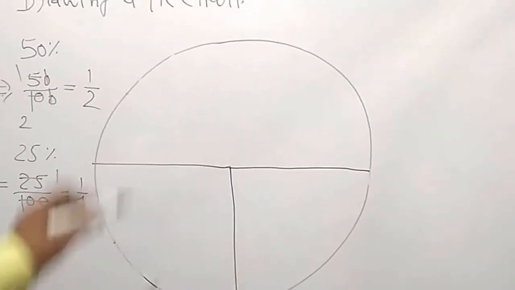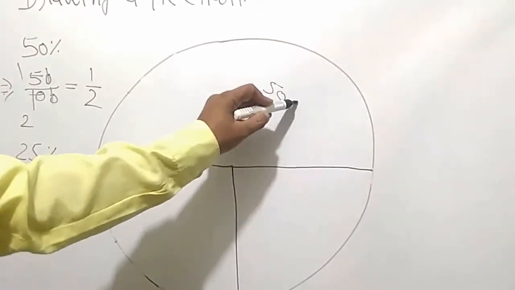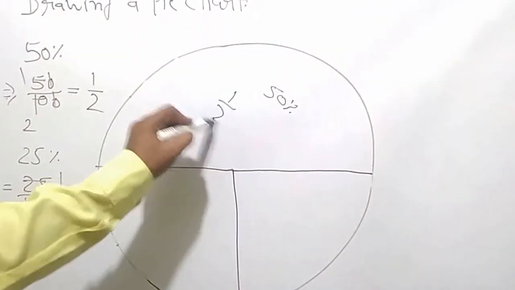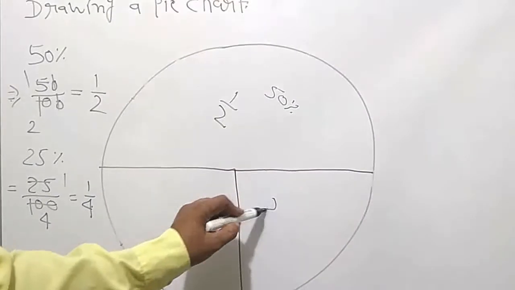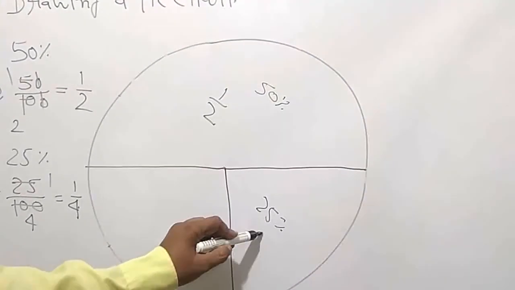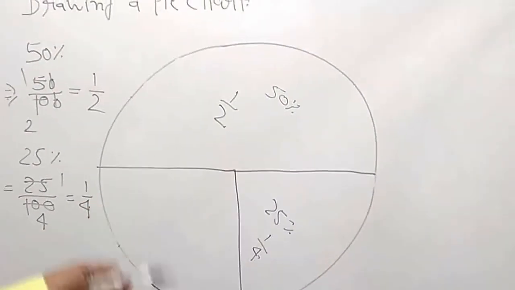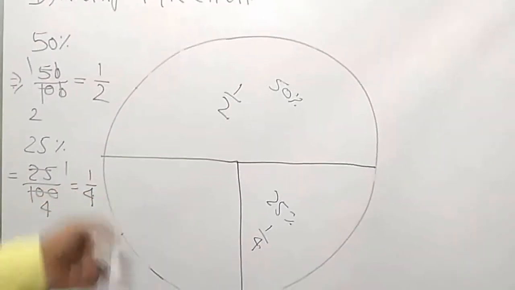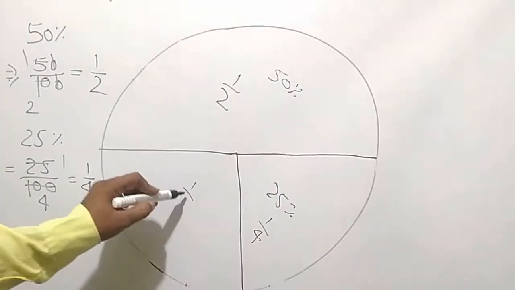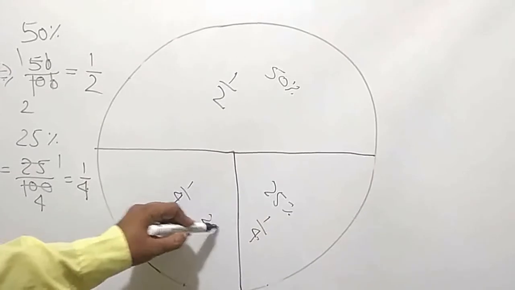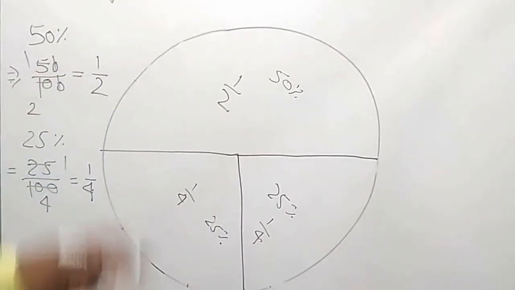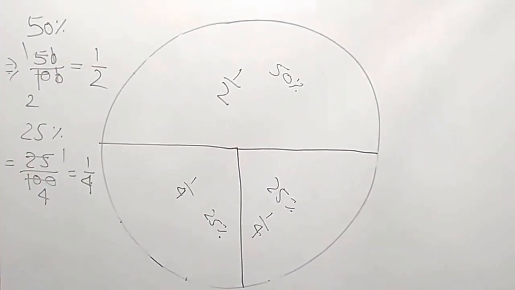Now it is 50%, or we can say 1 by 2, and it is 25%, or we can say 1 by 4. Similarly, this part is also 1 by 4, or we can say 25%. So in percent form we draw the pie chart like this.